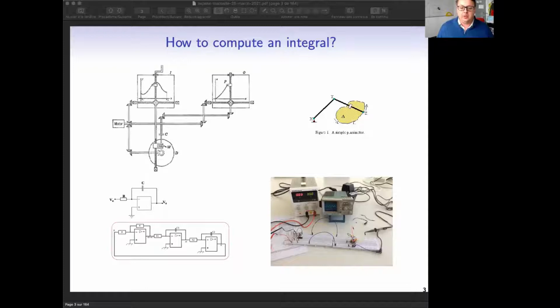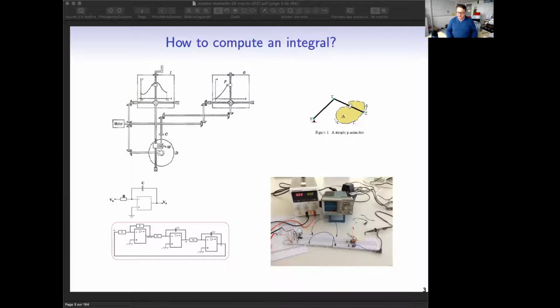This is quite an amazing tool, and actually I do have one in my office, working. In case you want to see one, there is one on the lower side of my video. You move this along the curve and you read on your cursor the value of the integral that is output. I'm not sure you can really read it, but it works. So all of these are tools to compute integrals.